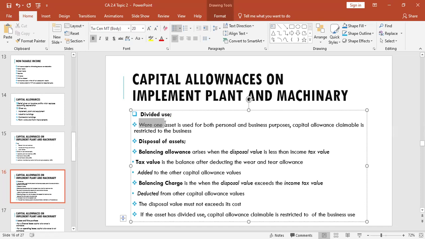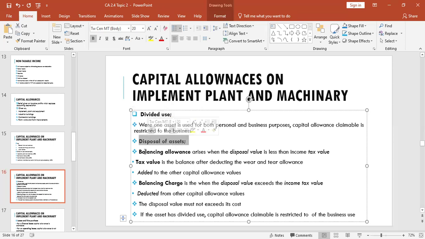Where an asset is used for both personal and business purposes, capital allowances claimable is restricted to business use. So the amount of capital allowance that we claim from ZRA is restricted to business use only. The proportion of the asset that is used for business purposes is what we deduct as capital allowances.